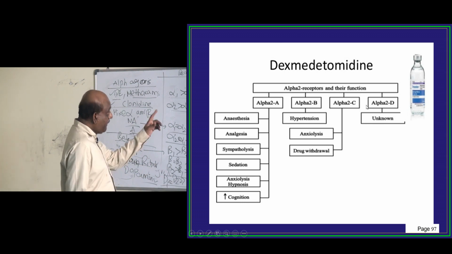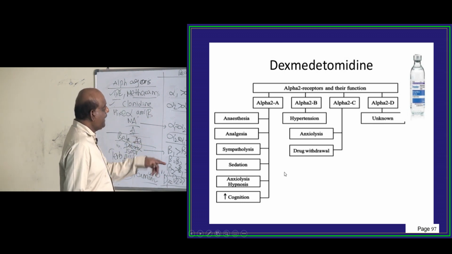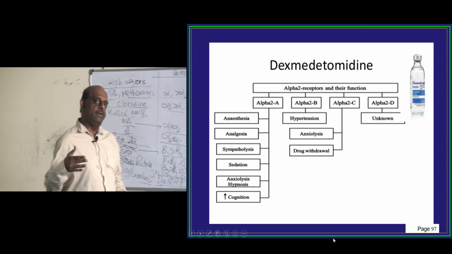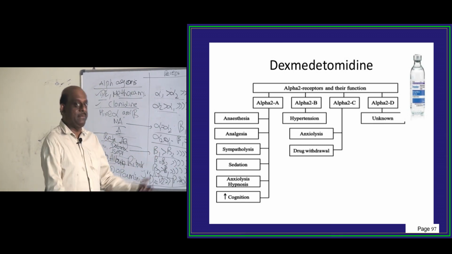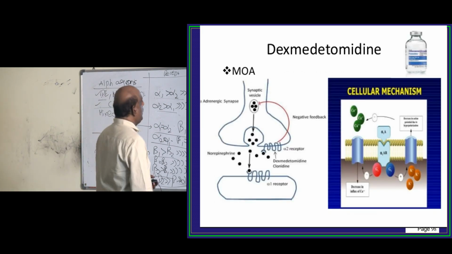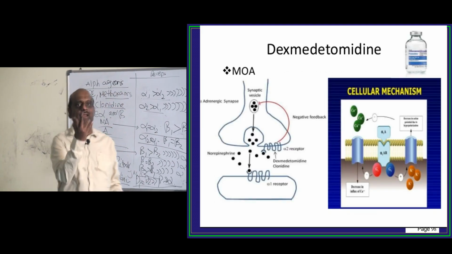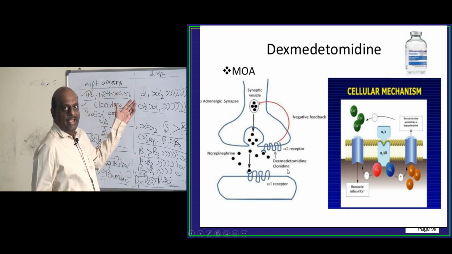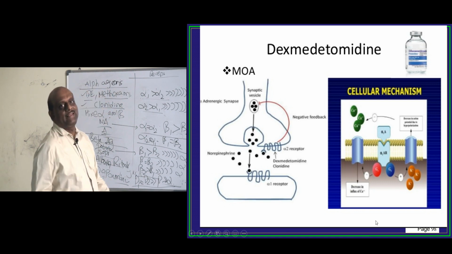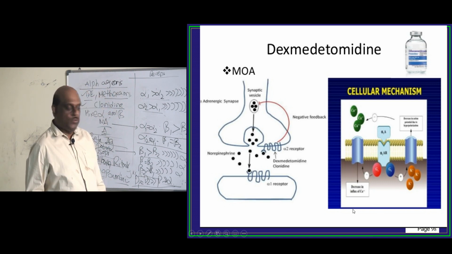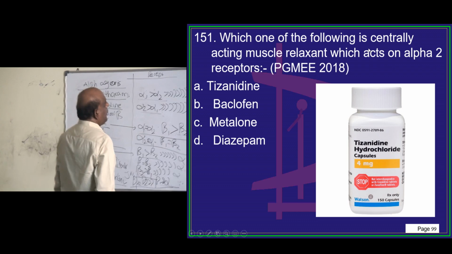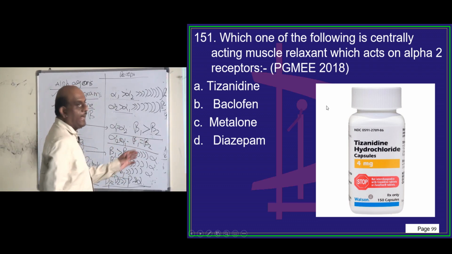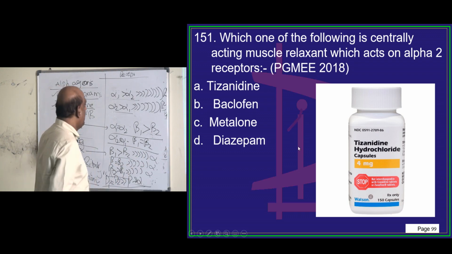Alpha 2C leads to anxiolysis and drug withdrawal. This is the alpha 2, which is a presynaptic receptor. You need to remember that dexmedetomidine, like clonidine, typically acts centrally and decreases the sympathetic outflow. Which is a centrally acting muscle relaxant that acts on alpha 2 receptors is an important question.